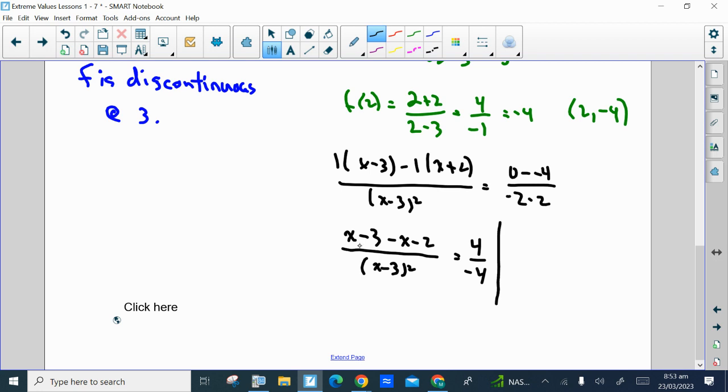So we can say then that when we simplify the derivative, the x's cancel. We're going to get negative 5 over x minus 3 all squared, which has to equal negative 1, or negative 1 over 1. And I write it like that because I am going to cross multiply to solve for x.